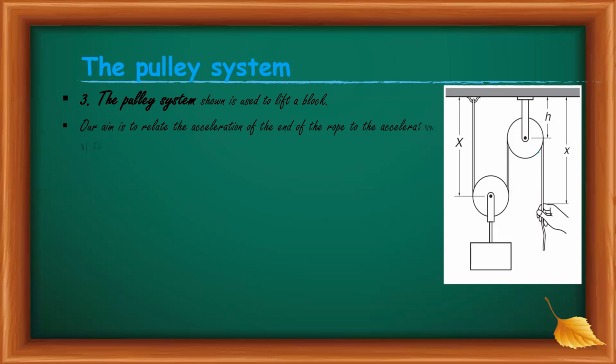Here our aim is to relate the acceleration of the end of the rope to the acceleration of the block. Here also we take the length as a constraint.